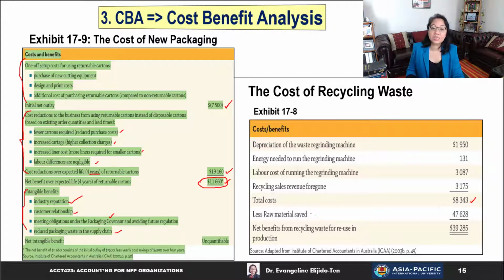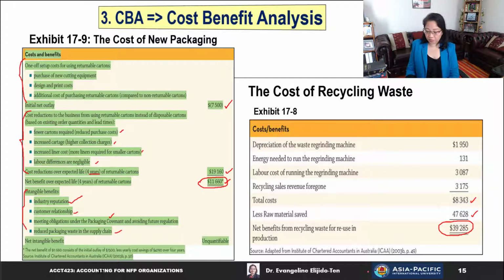However, we will save in terms of raw material usage 47,628 as a result of recycling. So again, this is an eco-efficient initiative because we have a net benefit from the recycling of 39,285, nearly 40,000 in savings.